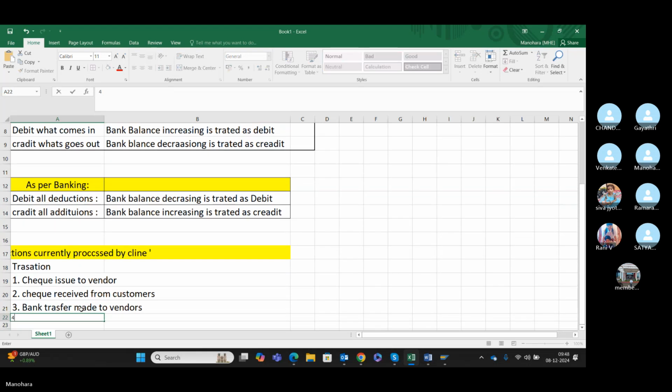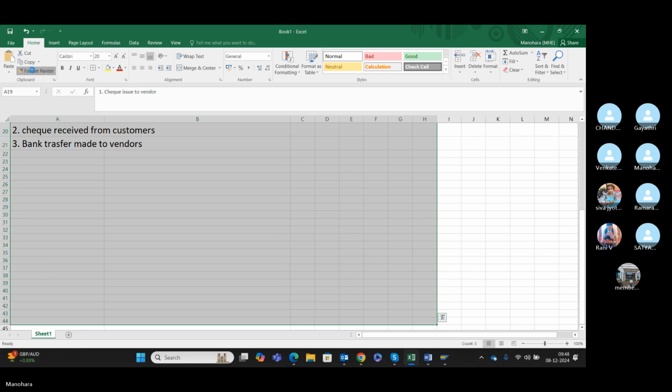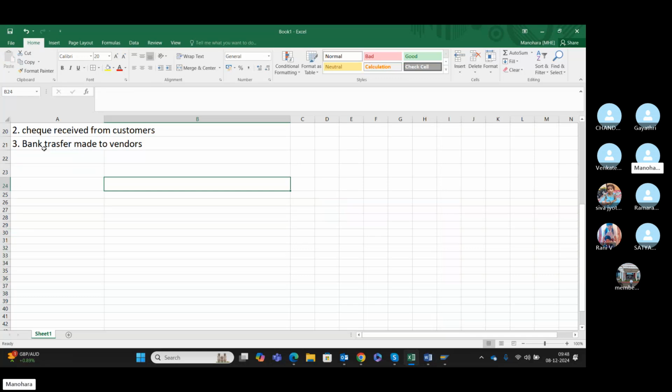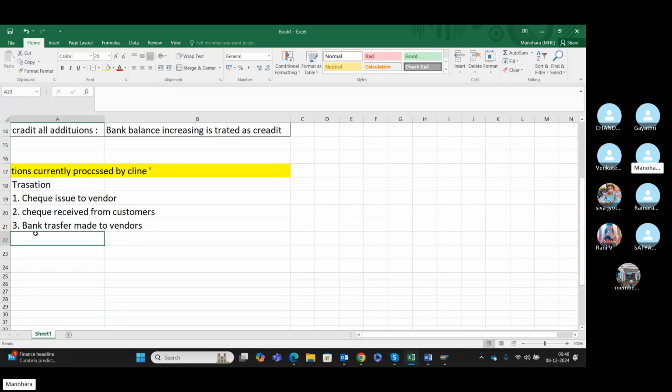Fourth point: bank transfer received. And the fifth one: bank charges.